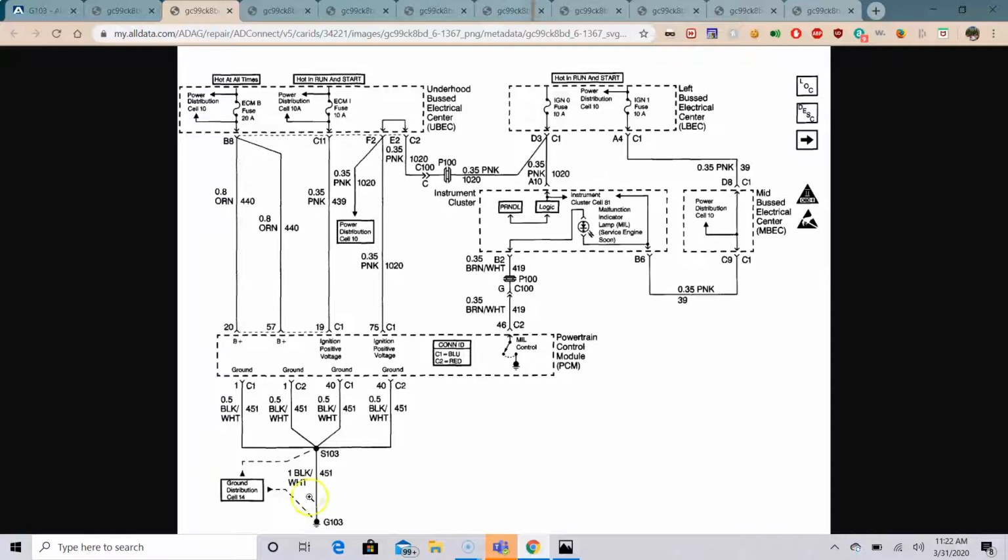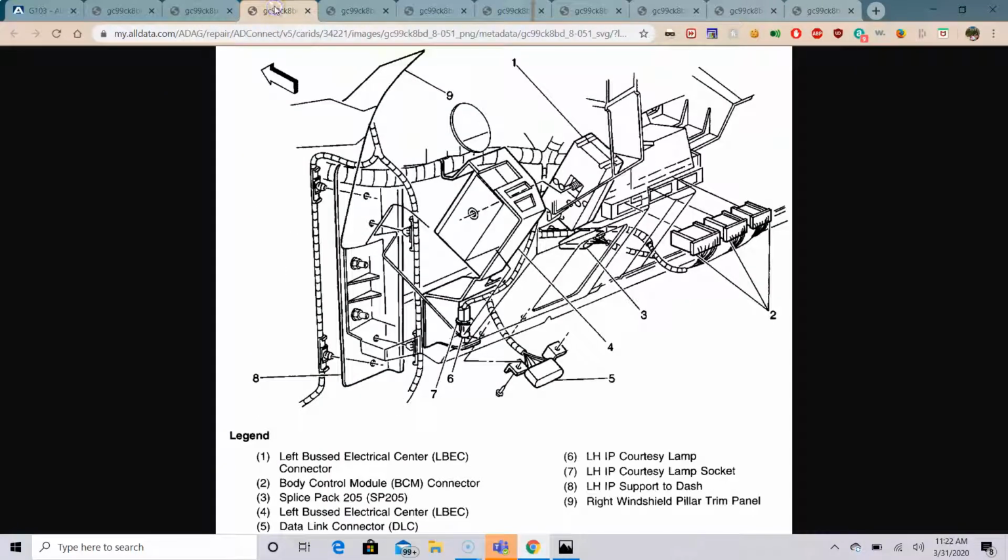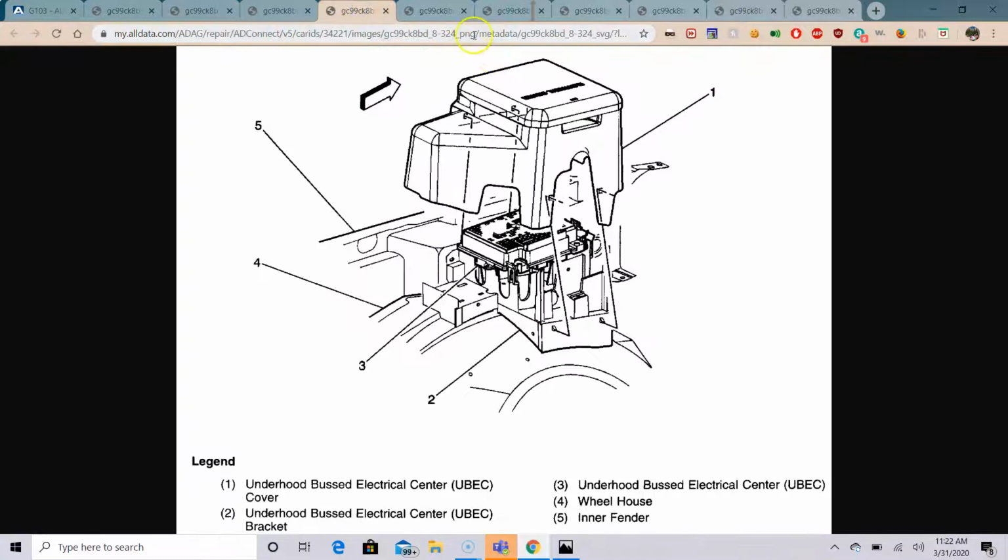Now, this one is on the back of the engine, so I'm going to try to get a jumper cable back there. I'll figure something out. We're going to go to the battery negative and see what happens when we start it. We're going to do that with both of these things. Now, if you want to see where this one's located, not this one, not this one.